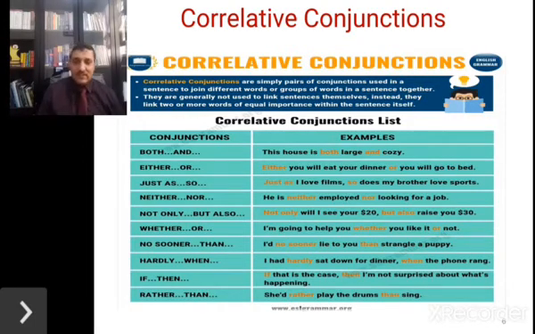Whether or. I'm going to help you whether you like it or not. We are giving you one choice. You have to choose it. Either you like it or not. Whether you like it or not. Whether he comes to me or not, I'm going to help him.